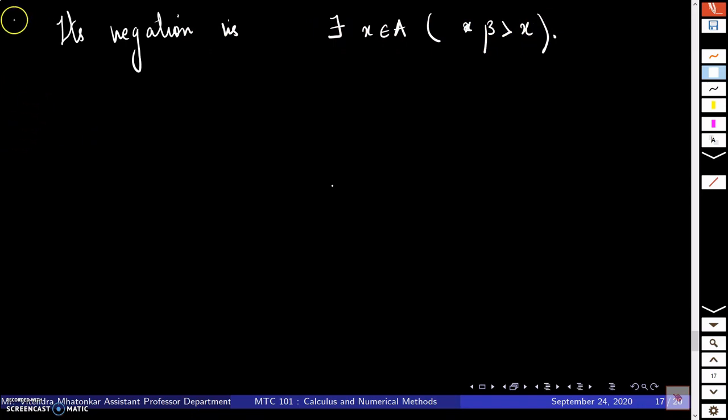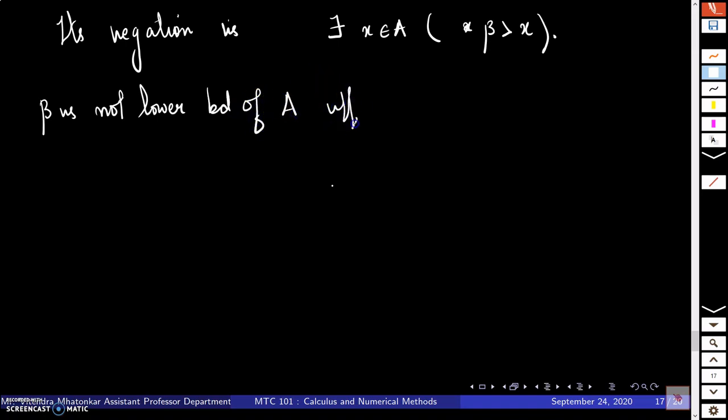So when I say beta is not a lower bound of the set A, that happens if and only if there is a point x in A such that x is strictly less than beta. That's the negation of the statement that beta is a lower bound of A.